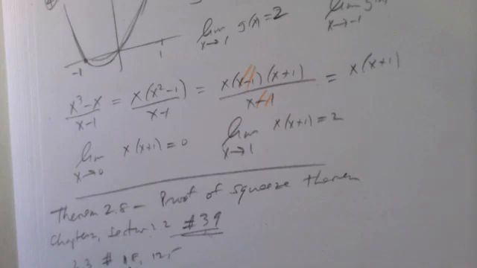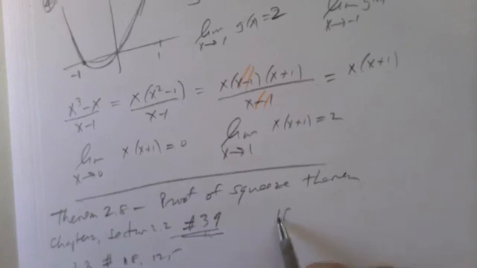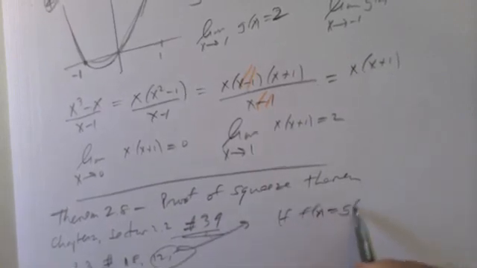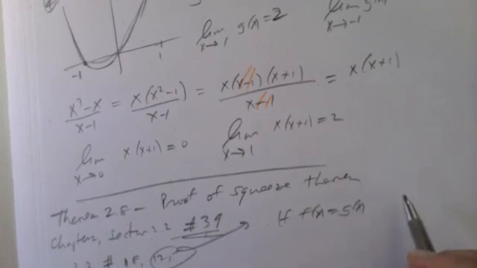For example, 125 says if you have two functions which are equal.